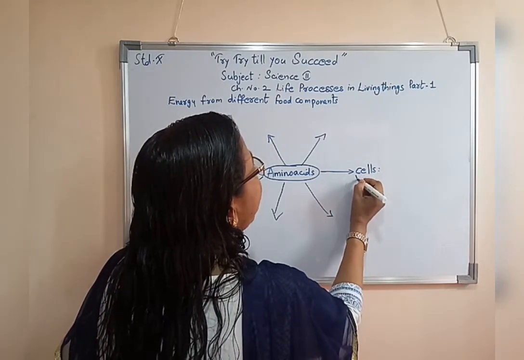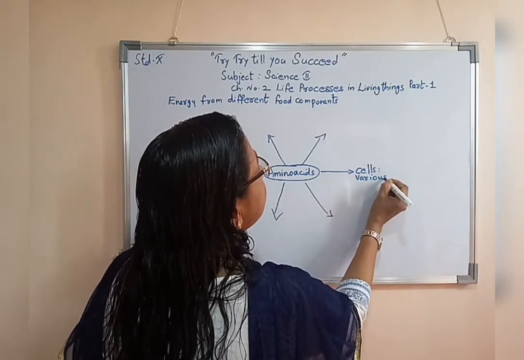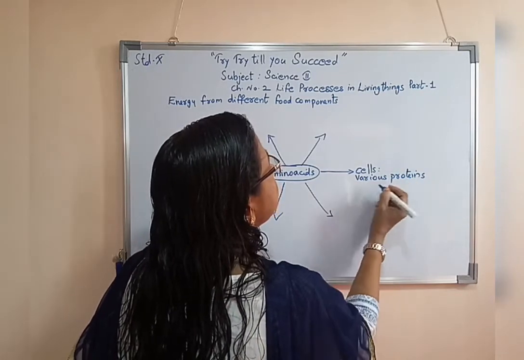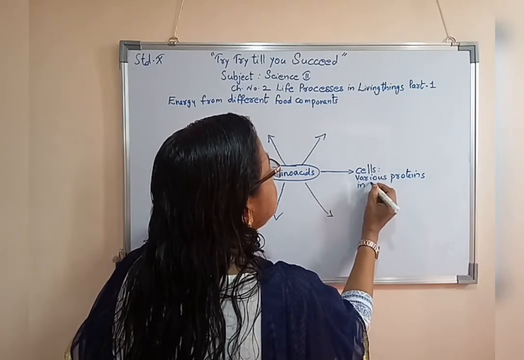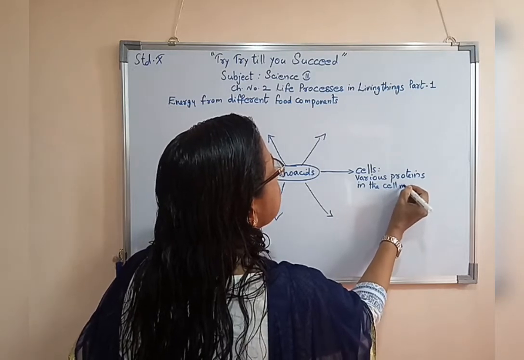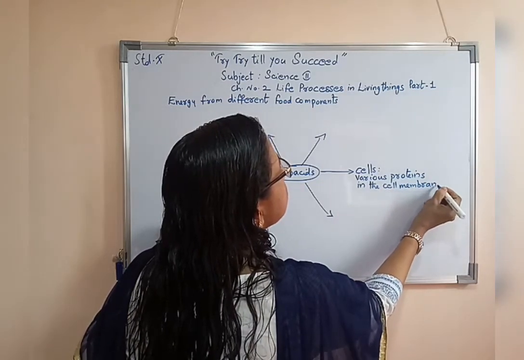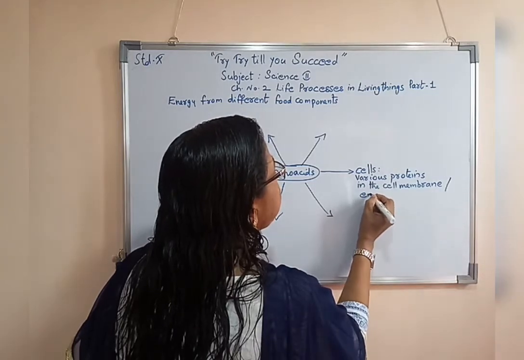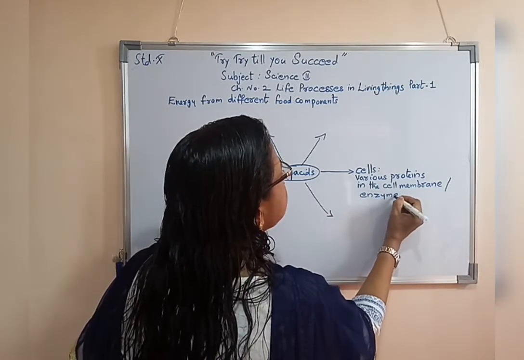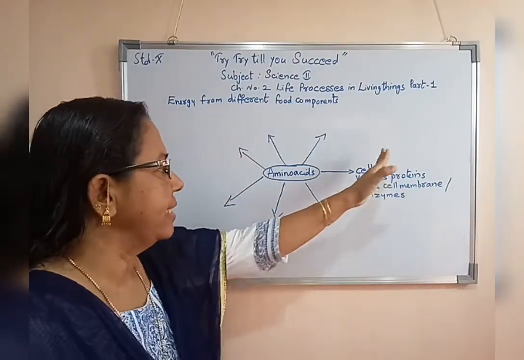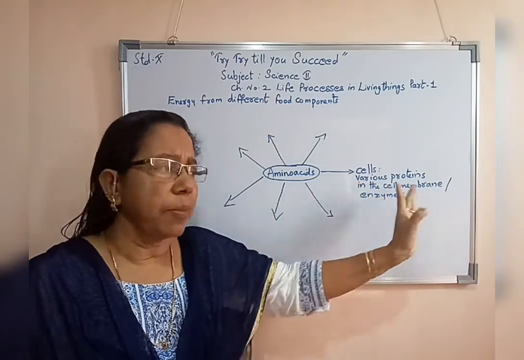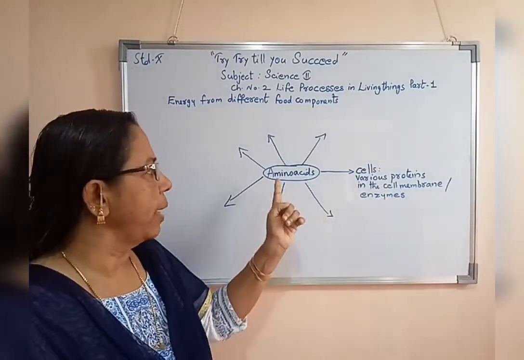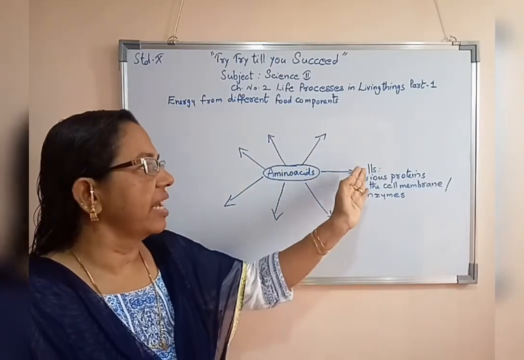There various types of proteins are produced in the cell membrane, as well as various types of enzymes are produced with the help of amino acids which are collecting in the cells.